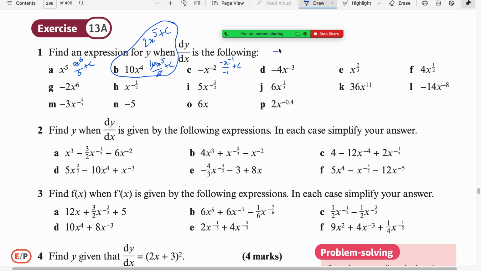D part, 4x to the minus 4 over minus 4 plus c. E part, 2 by 3 plus 1 is 5 by 3. So power plus 1 over new power plus c. Getting it?